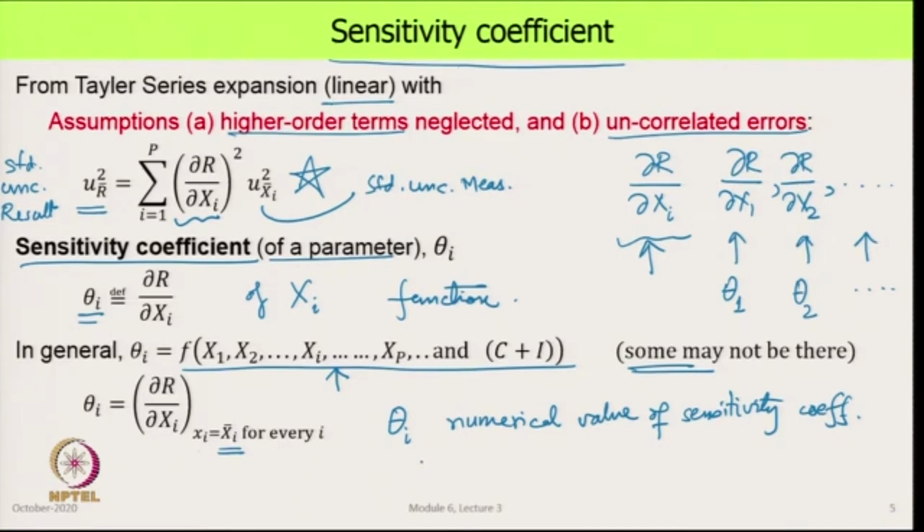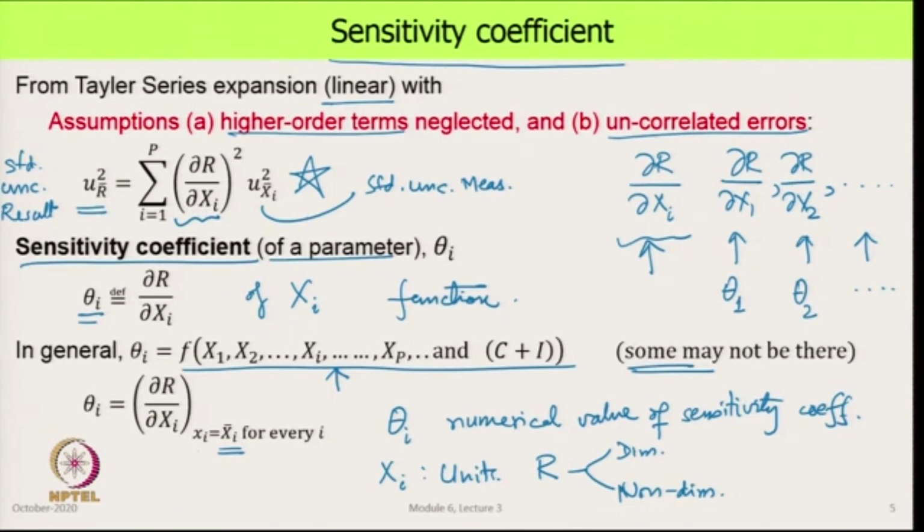Now, recall that x I's are all dimensional, they are measurements, so they have units. The result expression, the result formula may or may not have units. So, it could be dimensional or non-dimensional. So, when we look at theta I, we can see that x I has dimensions, r may or may not have dimensions.